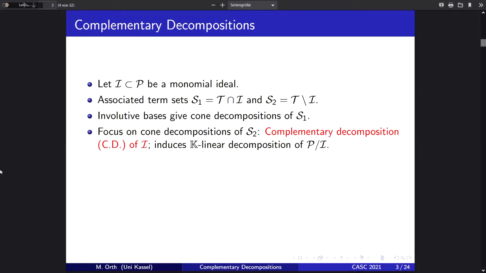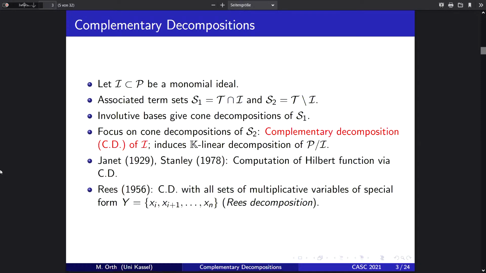We call this a complementary decomposition of the ideal. Such a complementary decomposition induces a K-linear decomposition of the factor ring, P over I. And this has been used already by Janet and Stanley for the computation of the Hilbert function. And by Riquier, also for his Riquier decompositions, he restricted the possible sets of multiplicative variables to such sets x_i up to x_n.